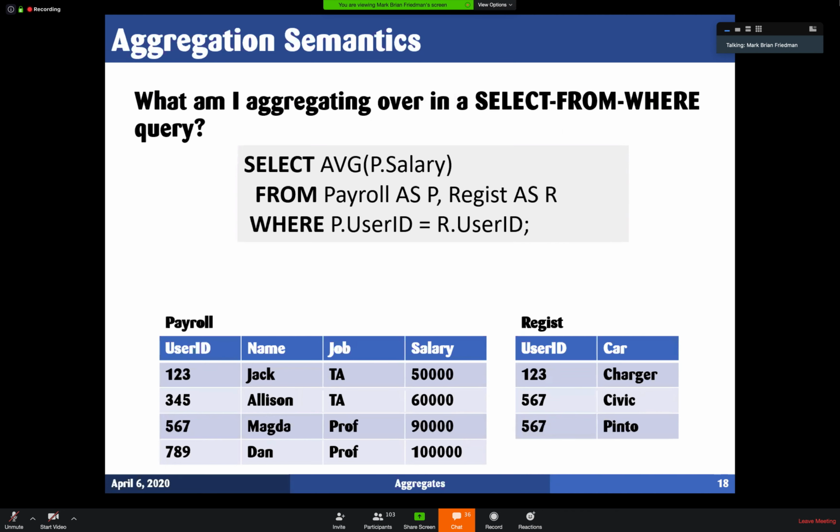And here's our two tables again. And here's the SQL. Select, and here we want to compute the average salary from the payroll table, but we want to do this join. So we're looking at the registration data table as well, and we're doing the equal join on the foreign key and the primary key, basically the primary key, which is a foreign key in the other table.